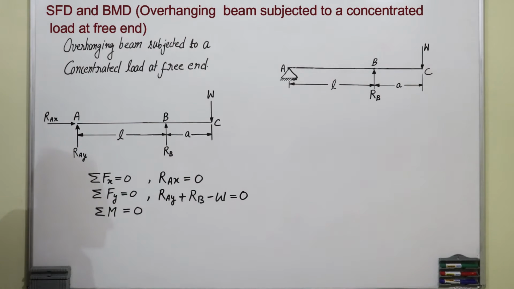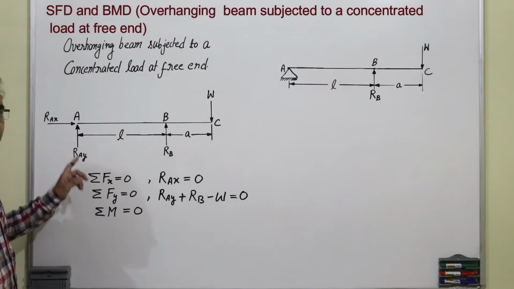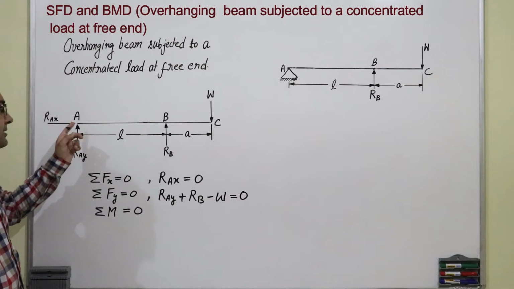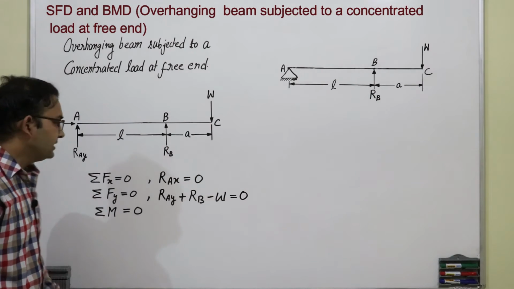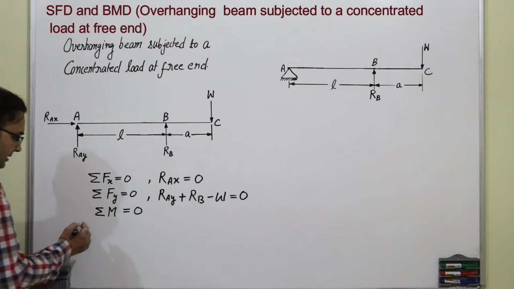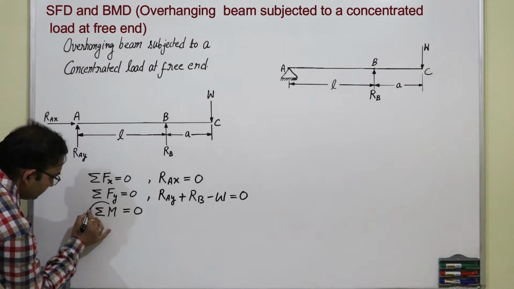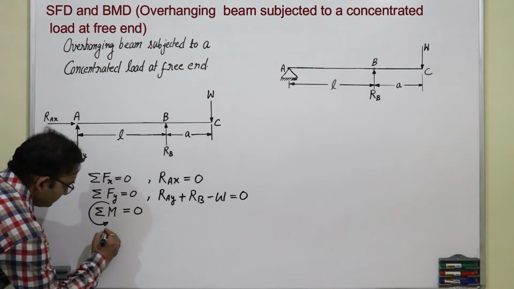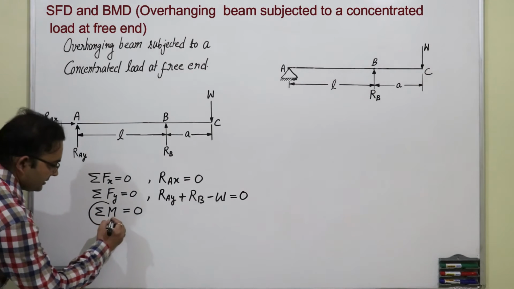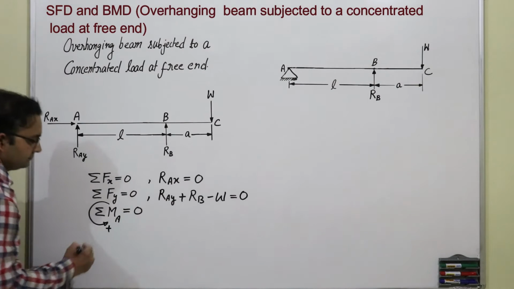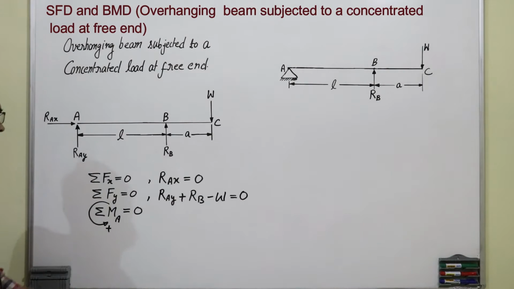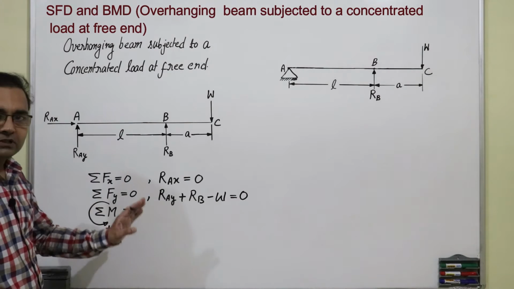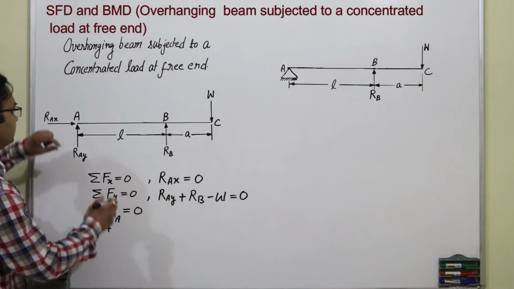Third is moment. We can take moment about any point, we can take moment at point A, B or C. I am taking moment at point A and I am using sign convention. Moment in anti-clockwise direction is positive. Moment is force into perpendicular distance.